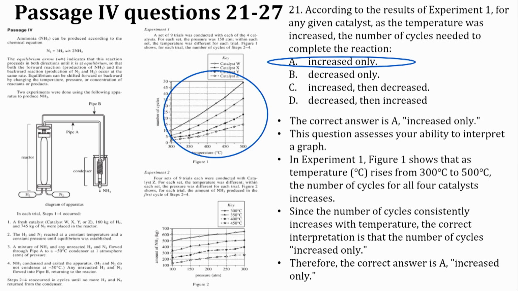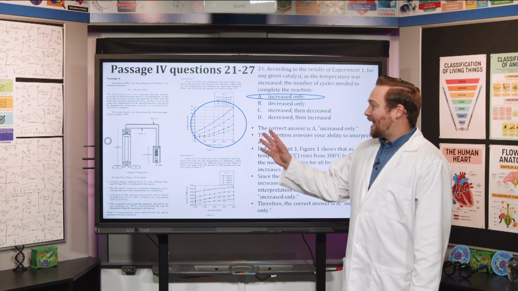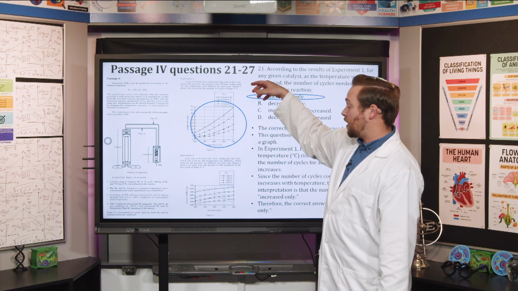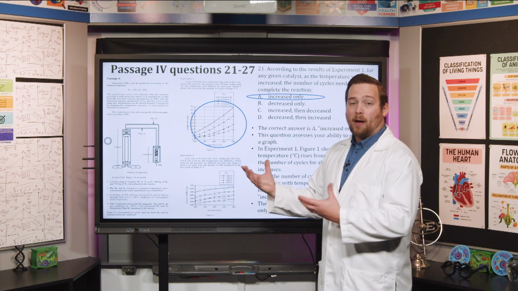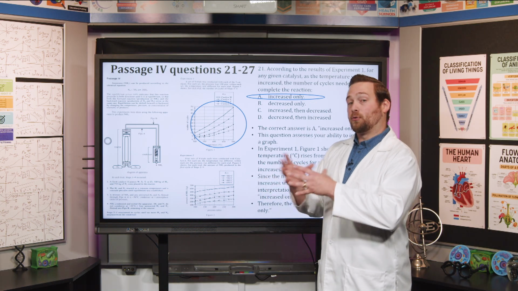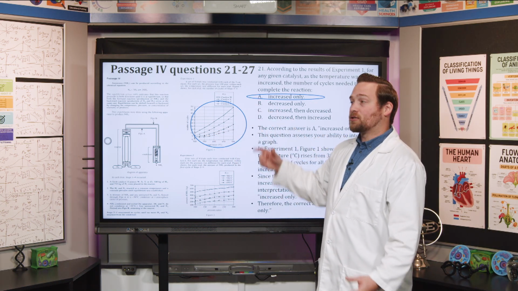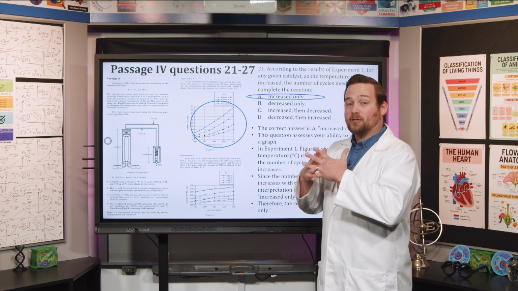So let me go ahead and tell you, if you get a graph that has this strong of a trend where all the lines are going up, you're probably going to get a question about the relationship here, okay? If a graph looks like this, it's a direct correlation.